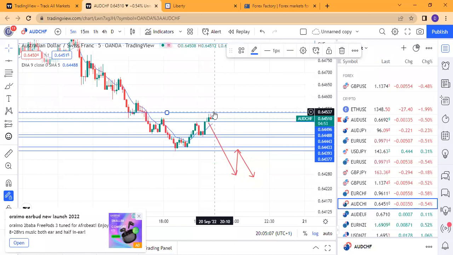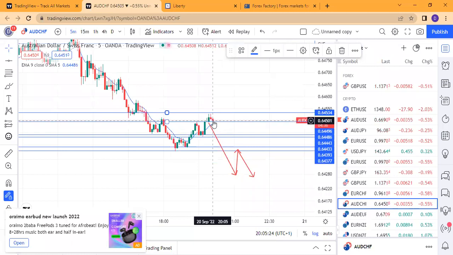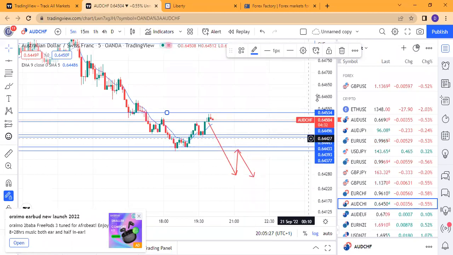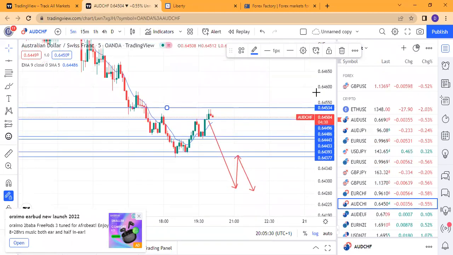Wait for the close of the candle. Always take your trade as long as it's at your zone. Take it at the close of the candle, so that your trade is going to run in the present 5 minutes candle. Always take your trade at the close of the candle.